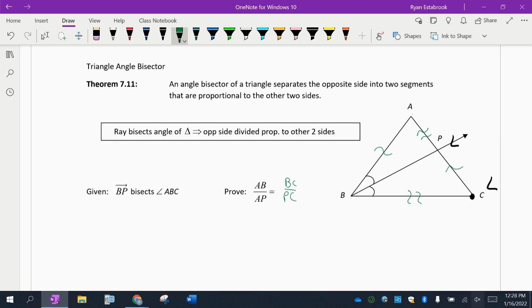So I could say, oops, I have these markings on here wrong. Double over single equals double over single, or double mark over double mark equals single mark over single mark. Remember, we have a lot of properties of proportions. We could cross multiply and divide by various things to show other versions of this. But when you have this angle bisector, I'll go to colors, yellow divided by yellow is equal to orange divided by orange.